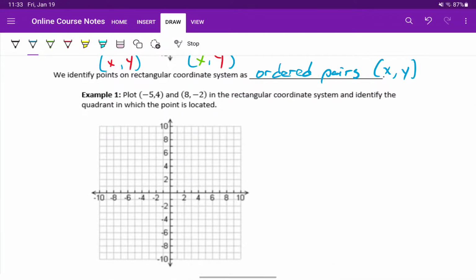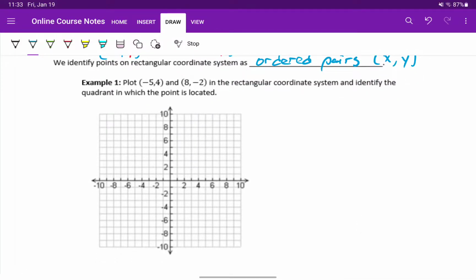Looking at an example of plotting points, we want to plot -5, 4 and 8, -2 on this rectangular coordinate system and identify the quadrant where each is located. In order to plot a point, we always start at 0, 0 right in the center. We can move in either direction first, but it's generally common to move in the x direction first, so we move left to right.